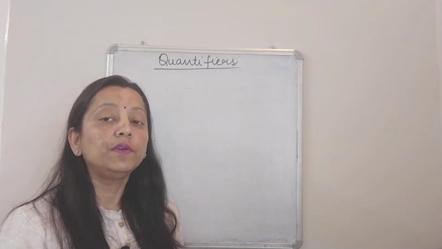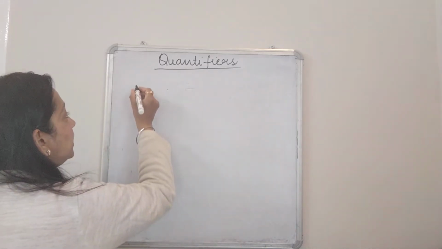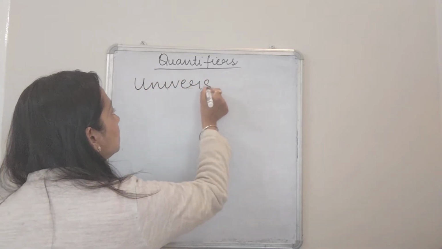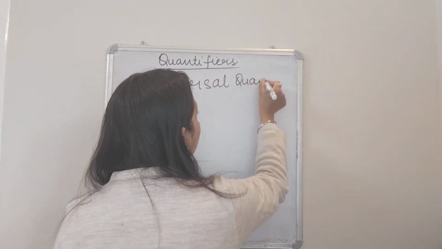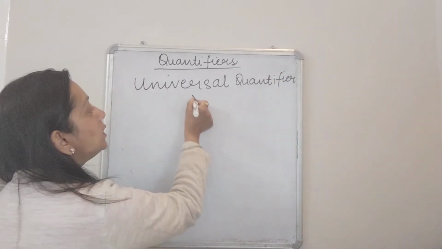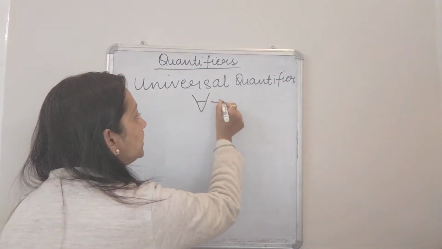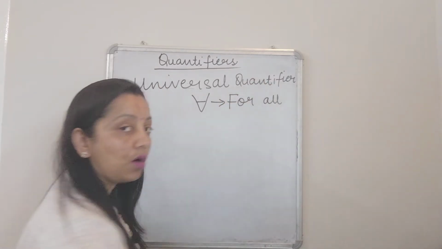We will discuss two most widely used quantifiers. The first is the universal quantifier, which is denoted by the symbol inverted A, and it is read as for all.